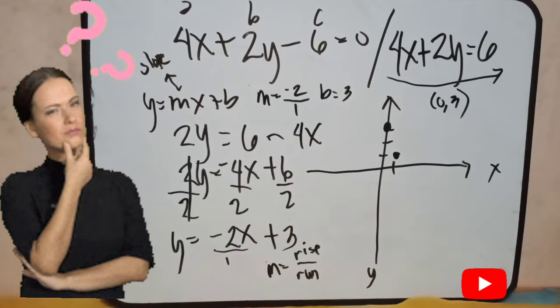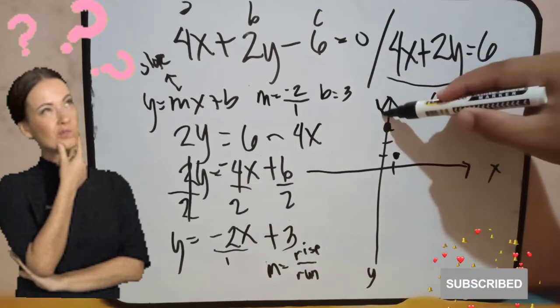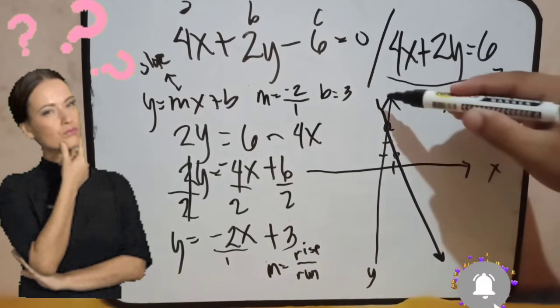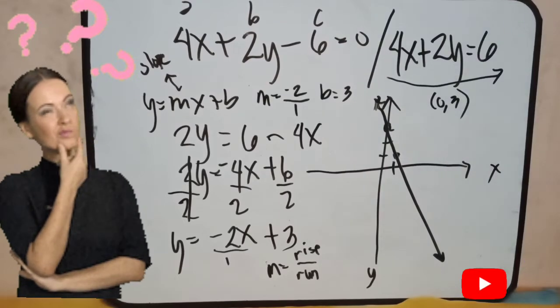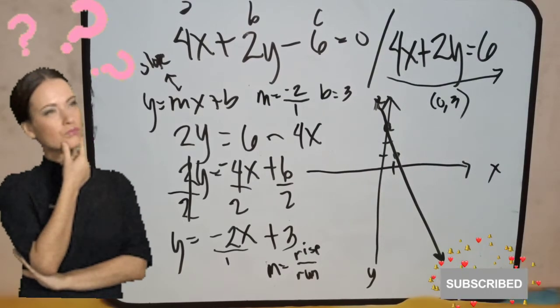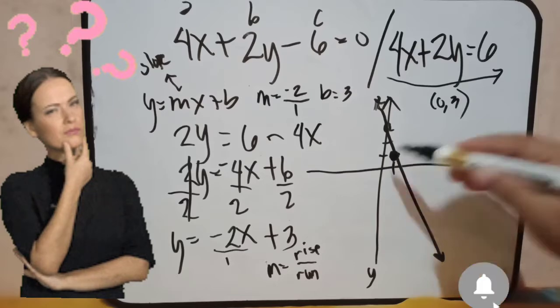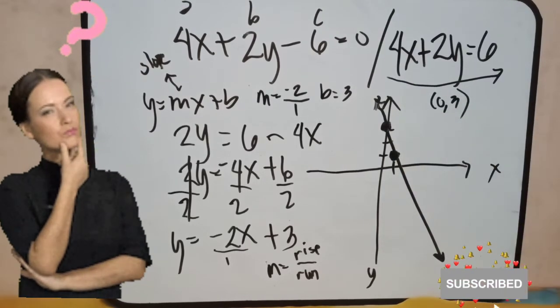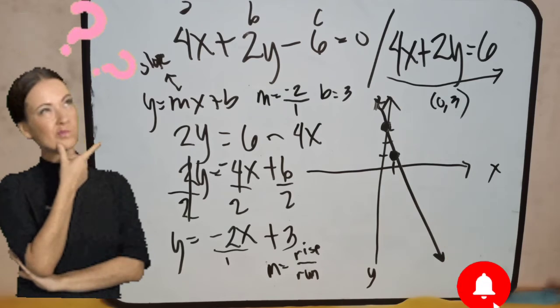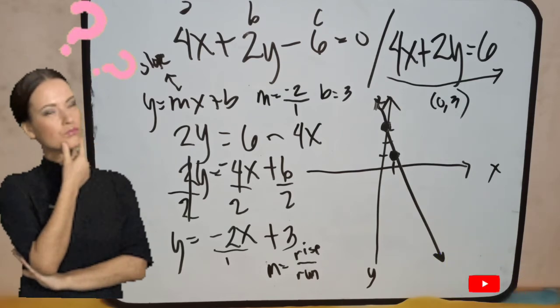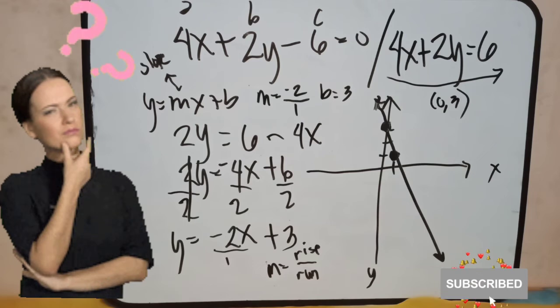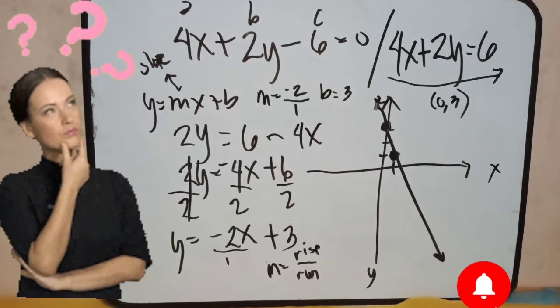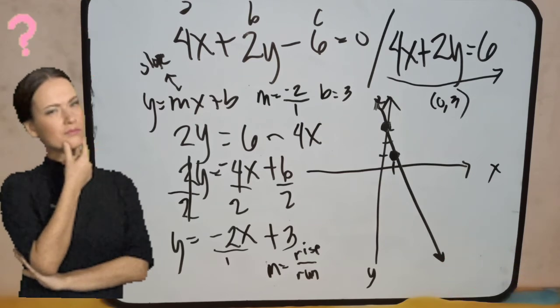Now you can plot this on the graph. That's how easy it is to plot. That's how you work with the linear equation. I think that's all for now, and I hope you learned something from this video.